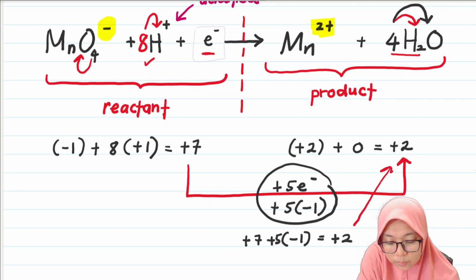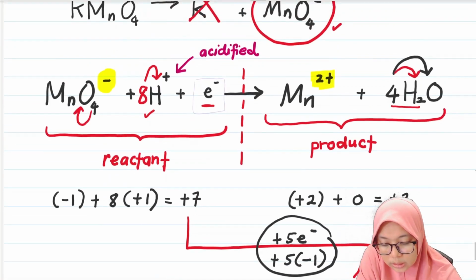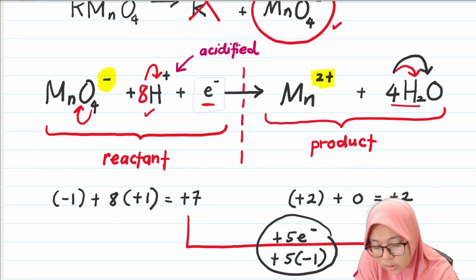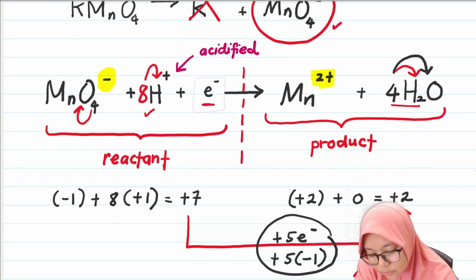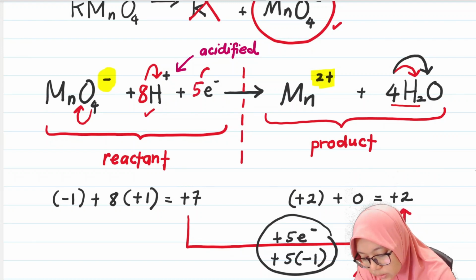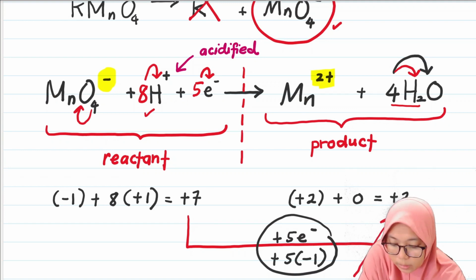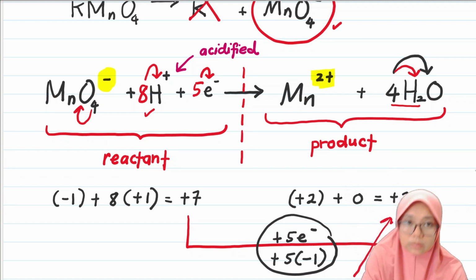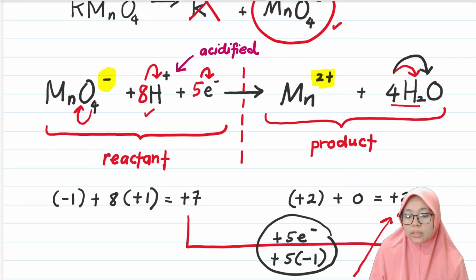So how do I put this inside the half equation? I just insert the electrons: the total number of electrons added into the equation is 5. You need 5 electrons to make the total charge of the reactant and the product the same.